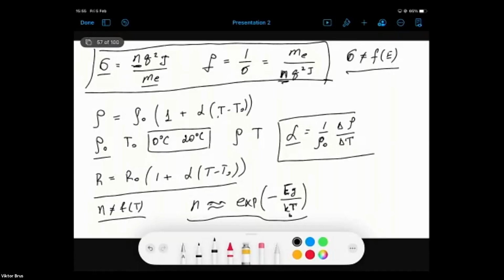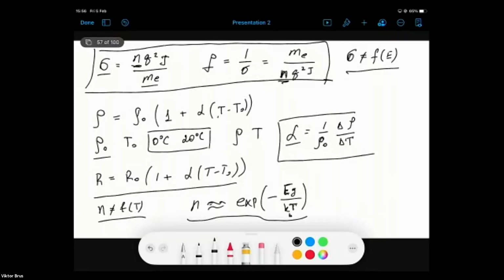So for semiconductors, with increase of temperature, resistivity significantly decreases, and the material becomes much more conductive. That should be taken into account, this relationship between electrical conductivity and properties of the material. For different materials, it will behave in a different way.